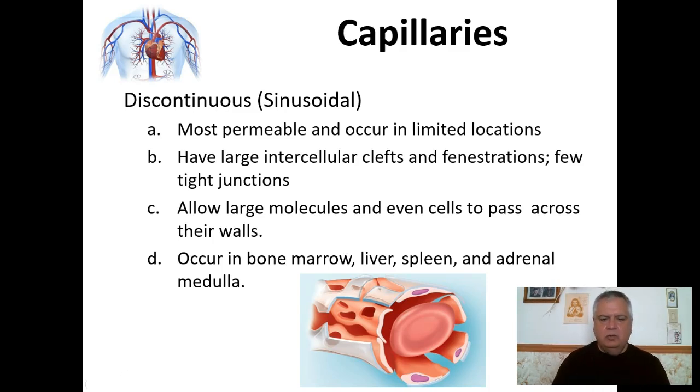And here we go. So we've talked about the liver and the spleen. We'll also see it in bone marrow. In bone marrow, red blood cells are produced, and they have to be able to enter the blood system. So that would be a place we'd find them. And also in the adrenal medulla, where we're going to see large protein-like hormones that have to enter the blood.